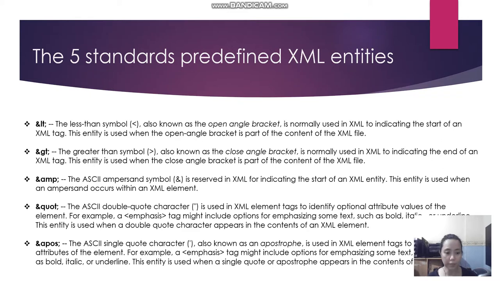And &apos; is a single quote character, also known as an apostrophe, used in XML element tags for the attributes of the element. For example, the emphasis tag might include options for emphasizing some text as bold, italic, or underline. This entity is used when a single quote or apostrophe appears in the contents of the XML.